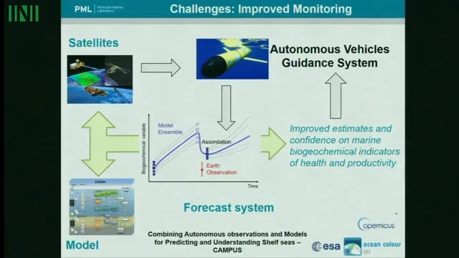In the marine environment, this underpinning monitoring challenge is important if we really want to look at marine landscapes, because we don't have access to the same amount of spatial and temporal data as you do for terrestrial systems.